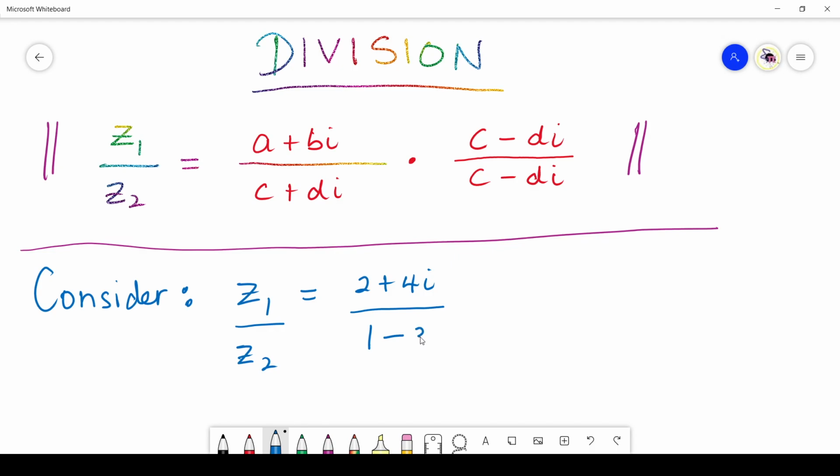We're going to switch it up. So how do we work something like this out? Z1 is 2 plus 4i, and Z2 is equal to 1 minus 3i.